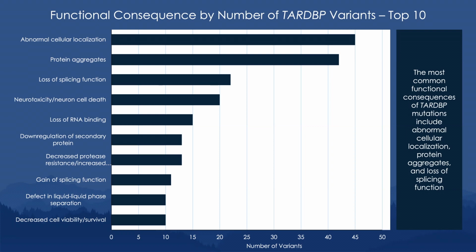And I've just listed the top 10, though there are a number of different functional consequences that were annotated here to showcase the deep and sensitive annotation comprising the ALS genomic landscape, even among empirical studies that may or may not be associated with a clinical case, to better understand the disease mechanisms at play here across all genes that are associated with ALS disease causation.